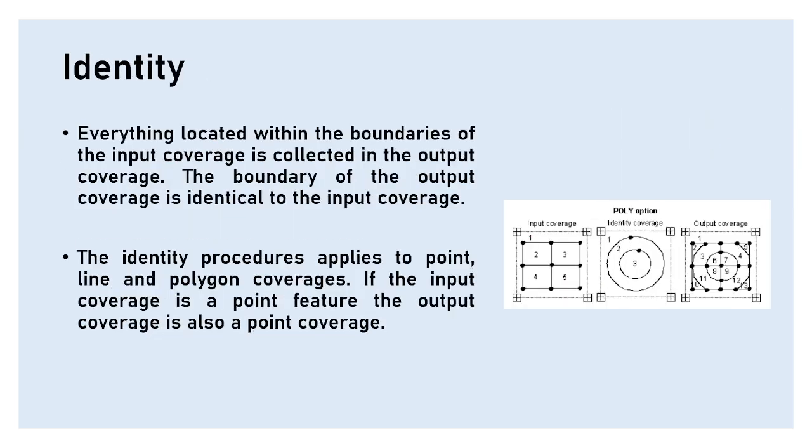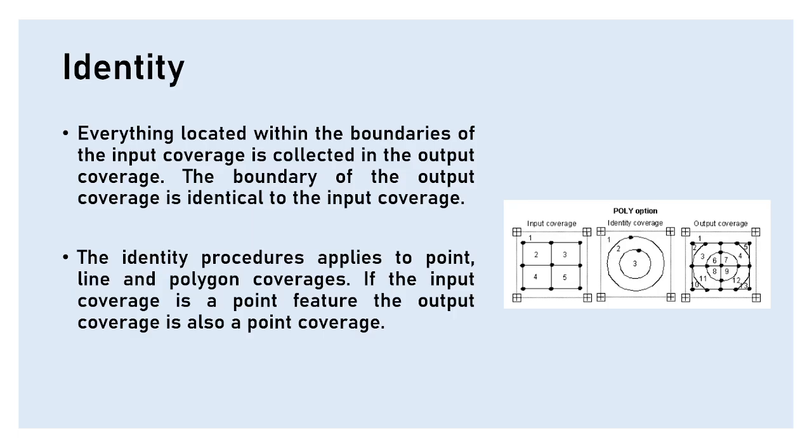But in identity, that is not the case. Here, the priority is given to the input coverage, and the input coverage is given more importance. So in the output coverage, the boundary will be identical to that of the input coverage.